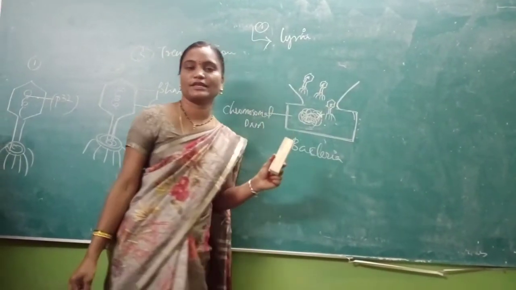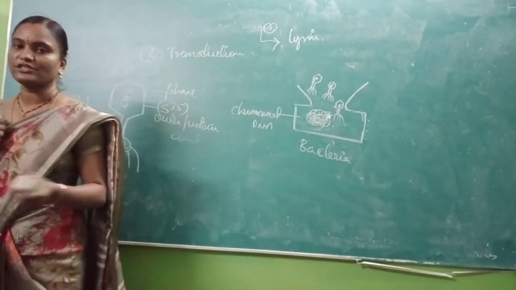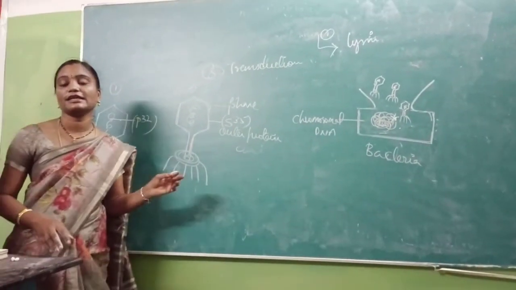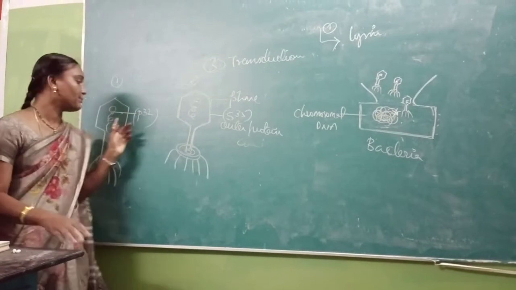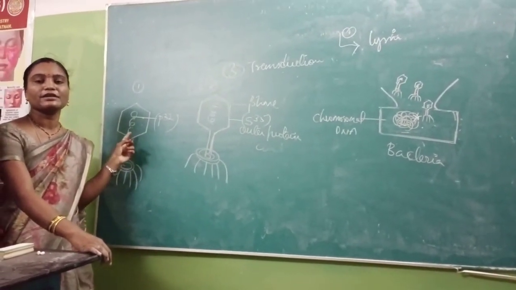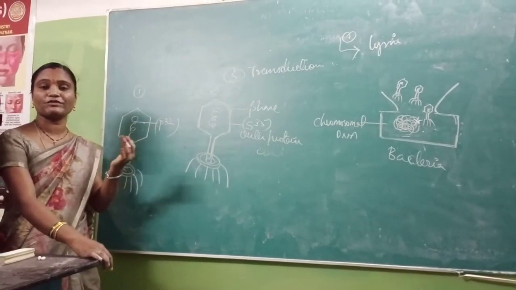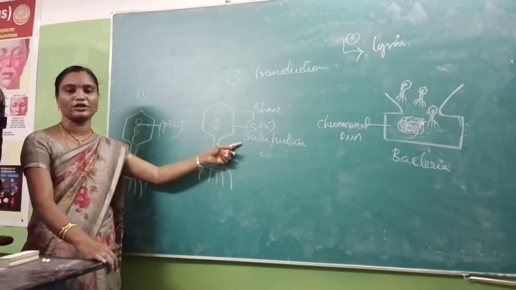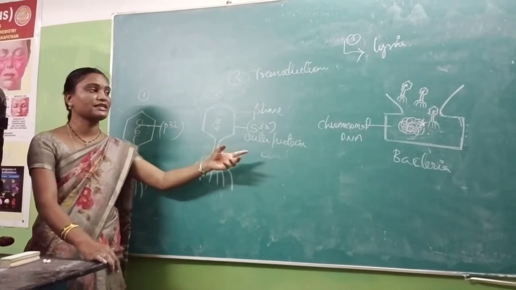So this is nothing but lysis. So from this replication of the bacteriophage, it indicates that only your P32 radiolabeled DNA molecule is being transferred from one generation to another generation, but your outer protein coat molecule S35 is not present anywhere.